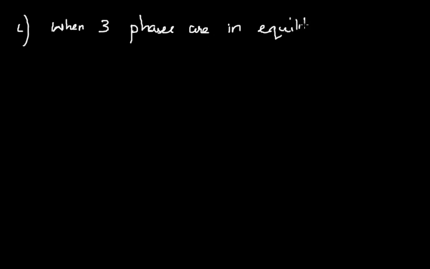When three phases are in equilibrium, your F is 3 minus P. If three phases are in equilibrium, 3 minus 3 is 0.